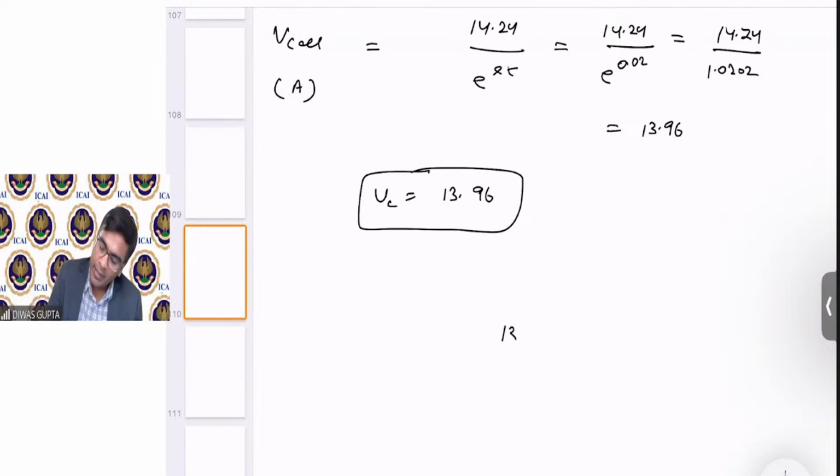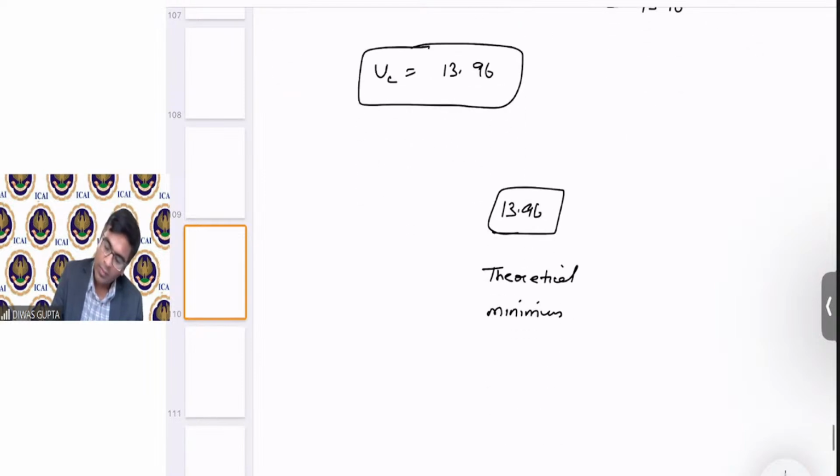So 13.96. If somebody asks you, it is a theoretical minimum premium. Call holder, call writer. Minimum 13.96.